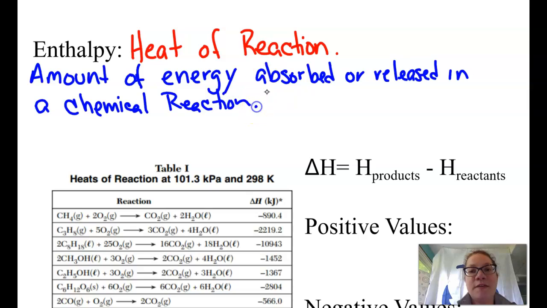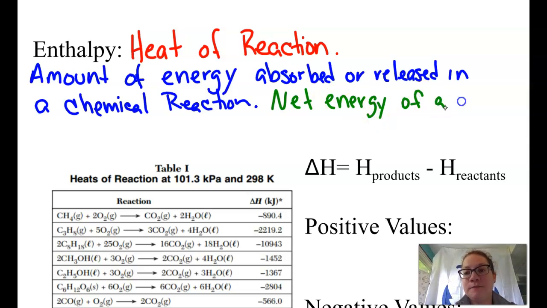And another way to think of this is the net energy of a reaction. RXN is the abbreviation for a reaction, in case you didn't know. I just kind of ran out of space there, so I used the abbreviation. So when I say net, I mean the overall reaction.